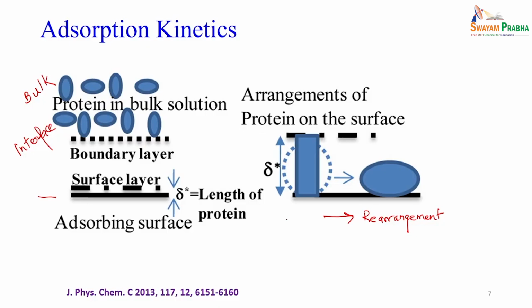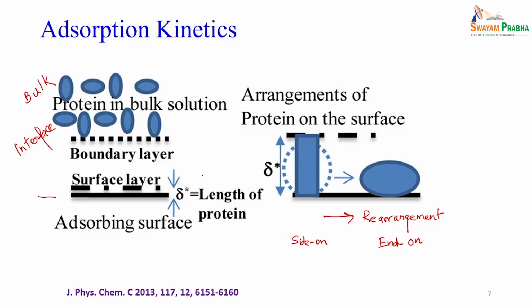We call this conformation side on, and sometimes end on. End on occupies less surface area, and side on occupies some extra surface area depending on its conformational changes.